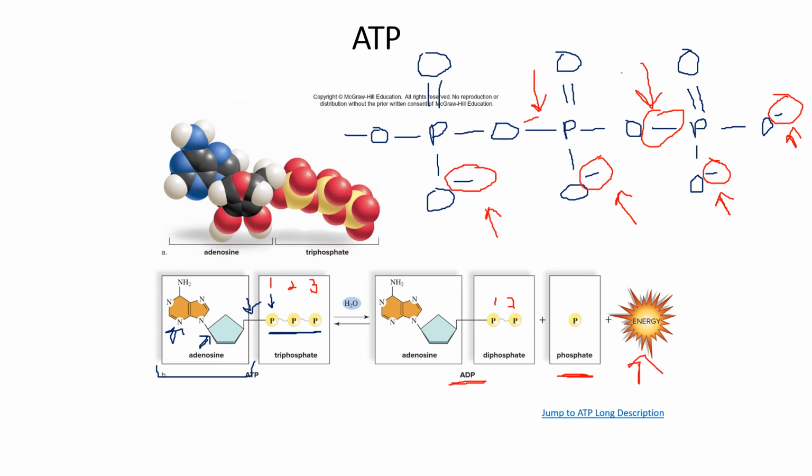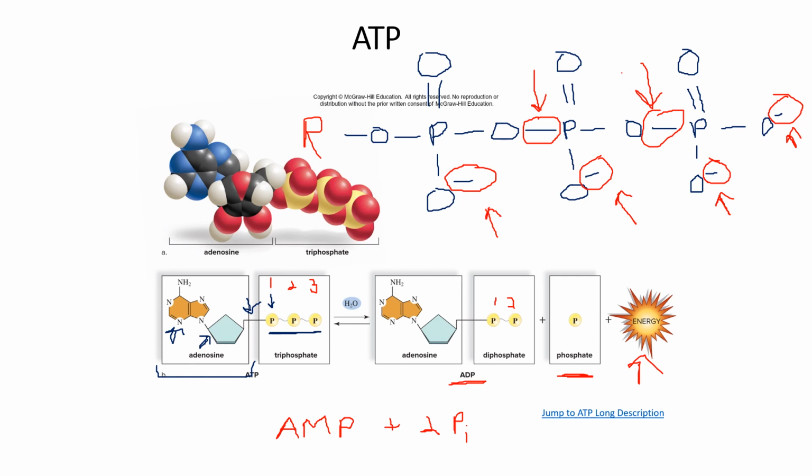There is some energy in that second bond, and then you get AMP. The M stands for mono, which is 1. And then you'll get 2 phosphates by itself, which we call inorganic because they're not connected to carbon anymore.